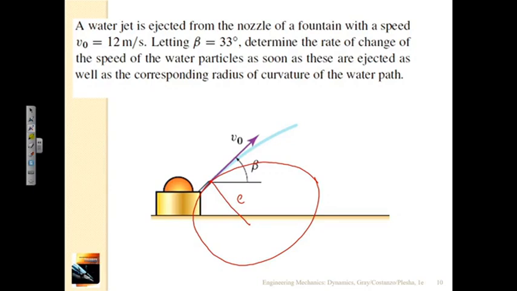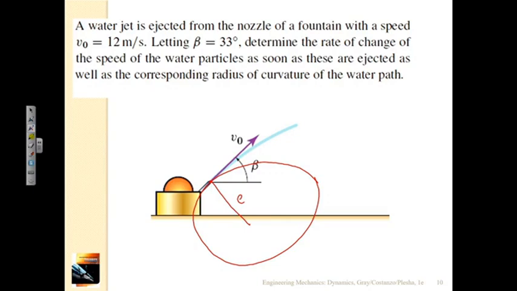So we're given our angle is 33 degrees. And our initial velocity is 12 meters per second. Okay. Everything we've talked about today has been normal tangential acceleration.